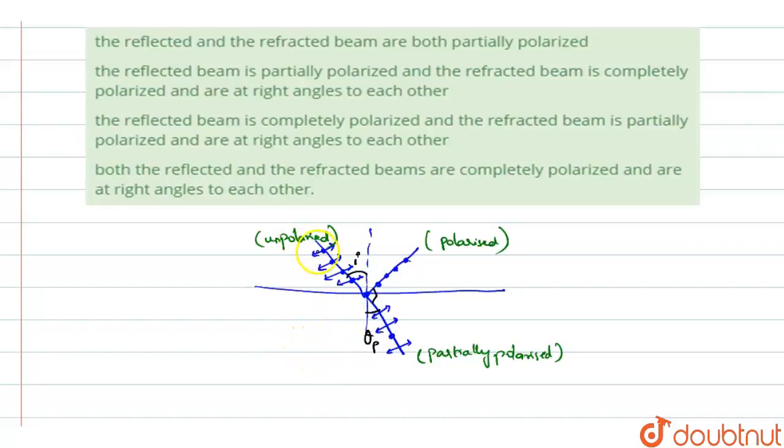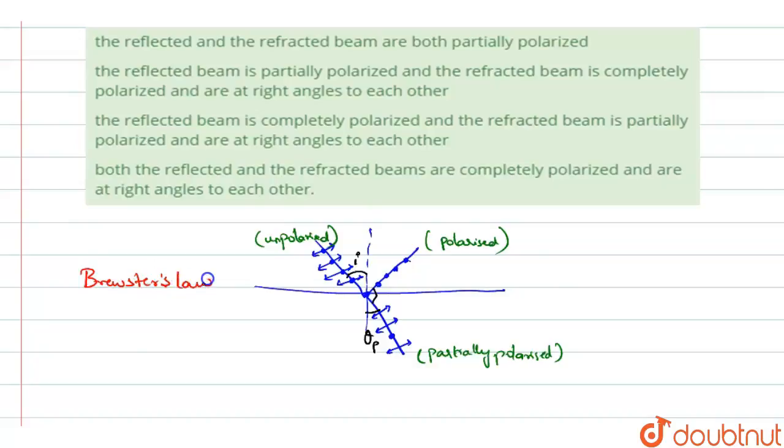When the unpolarized light beam is incident, the reflected beam is polarized completely and the refracted beam is partially polarized. Along with that, both the reflected and refracted beams will be at right angle to each other. So this whole phenomenon, we call it Brewster's law.